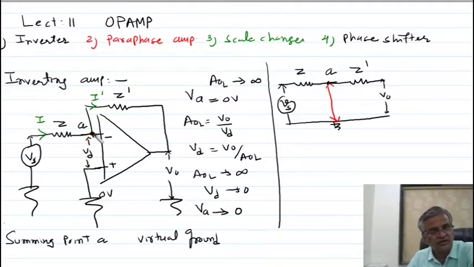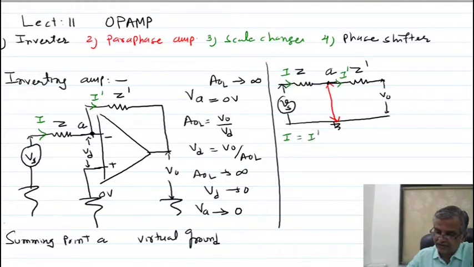This is called ground potential, or virtual ground, and in its equivalent circuit, this virtual ground is shown by a double-headed arrow. And the current here and here is the same.